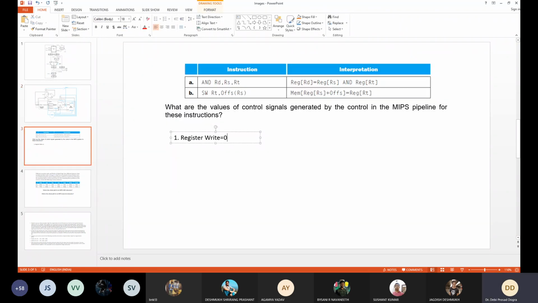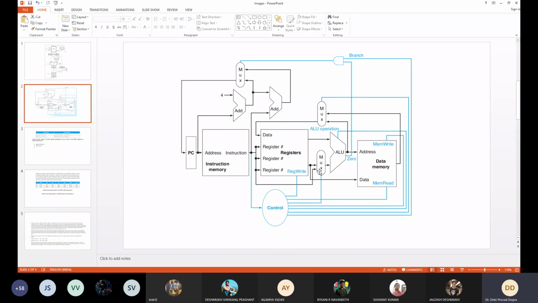So the second one I can see mux ALU equals to 0. Again, I am giving the name, you can accordingly give. So remember, I've given it 0 means I am assuming that 0 will be for this line, 1 will be for this line.